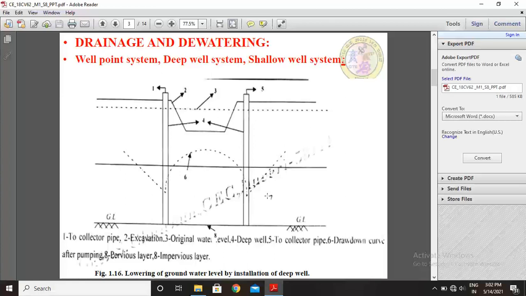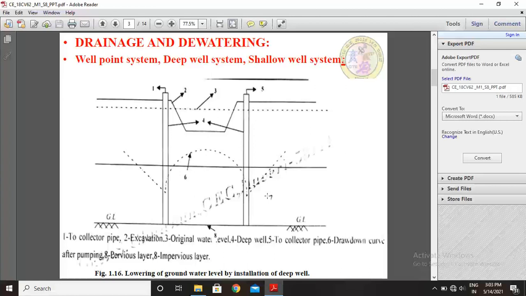Depth in meters to which groundwater level can be lowered: for well points 15 meters with 3 stages, for deep wells 30 or more. Location: well points inside the excavated area, but deep wells outside the excavated area.